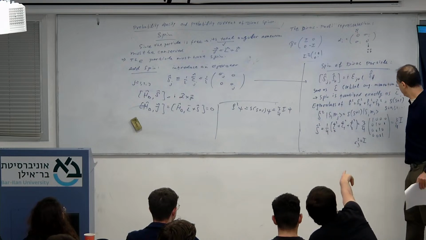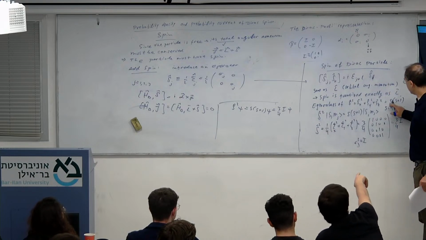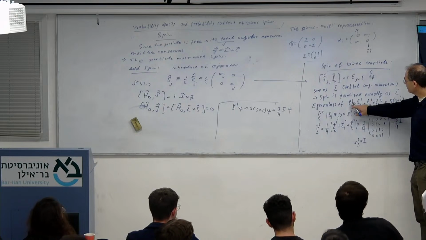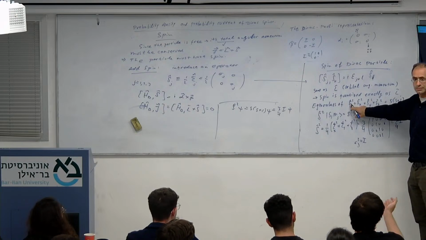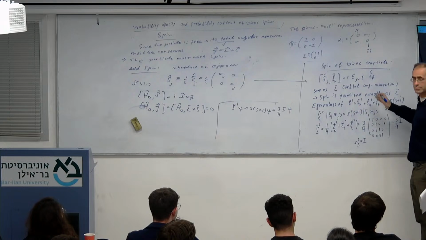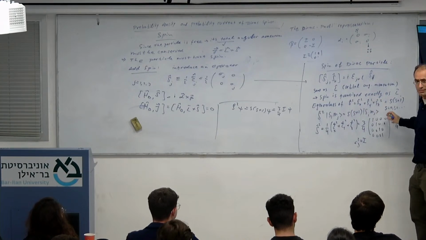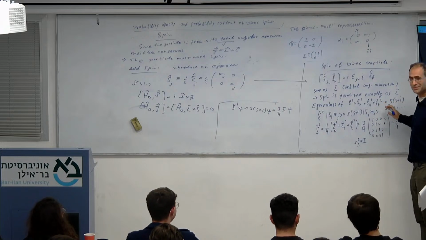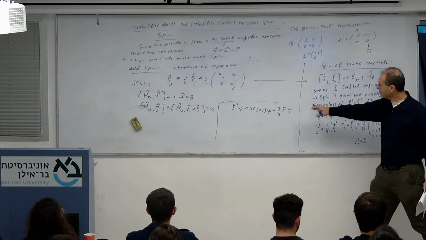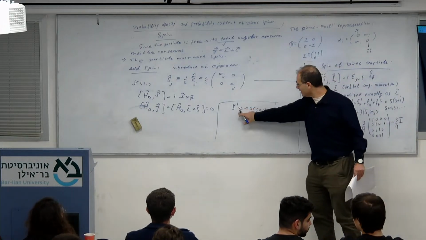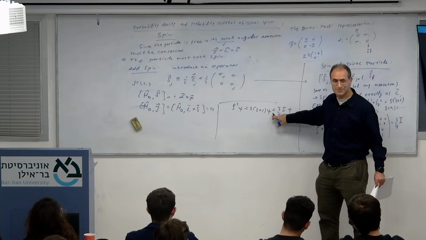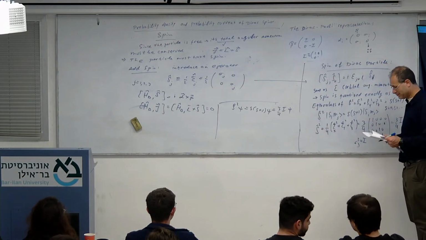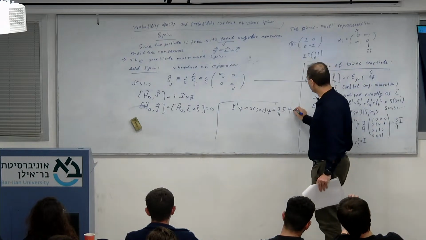No, I'm talking about the small s. On the other side you have a matrix equal to a number times psi. Eigenvalue. Okay. Wait, let me finish. S squared psi is equal to s(s+1) psi. It's 3/4 of I psi, which is just 3/4 psi.